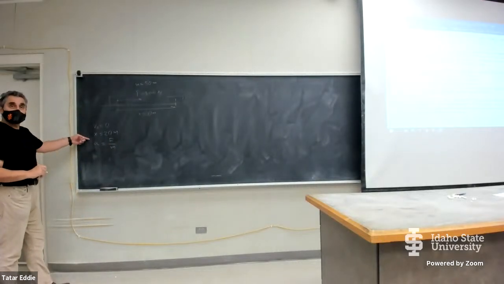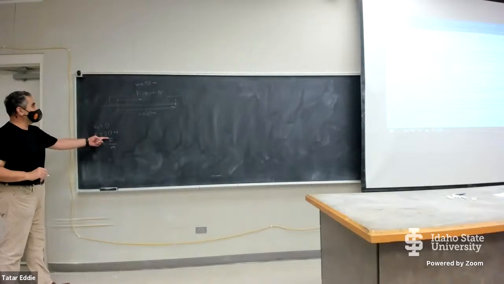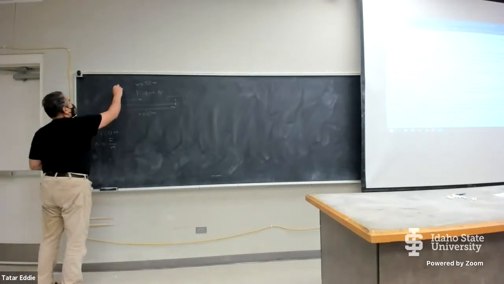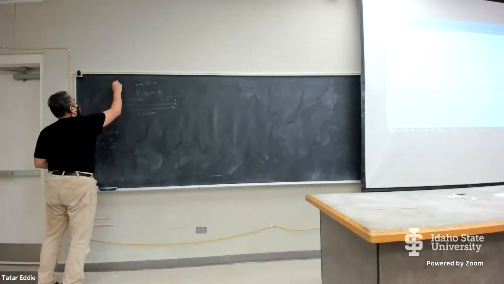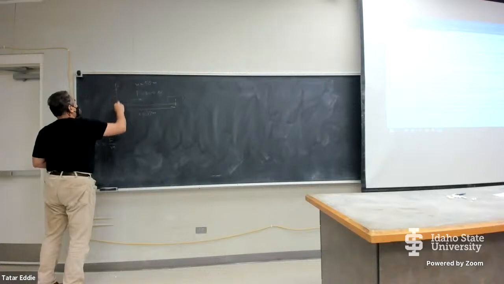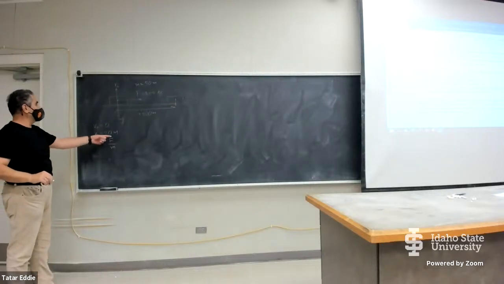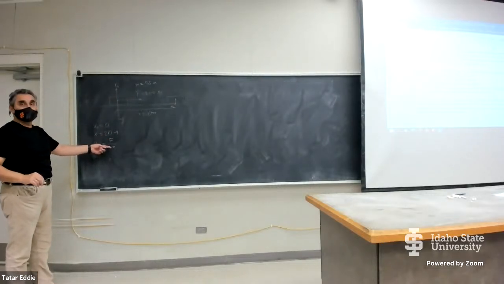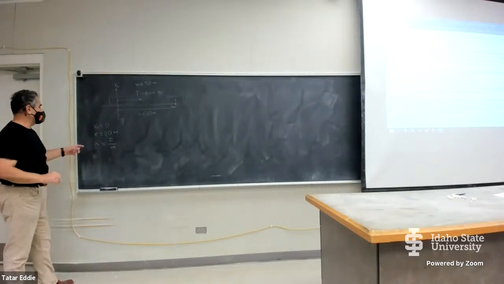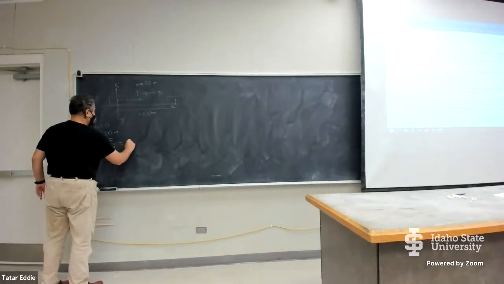Force is 300. The other forces cancel out, right? Normal and gravity cancel out. So the net force is 300 Newtons. The mass is 50. 300 divided by 50 is 6. Acceleration is 6 meters per second squared.